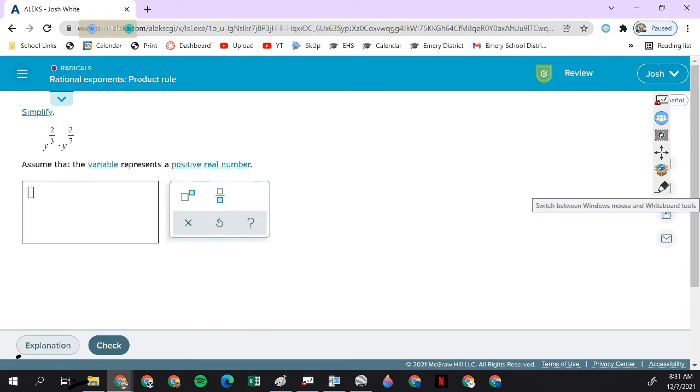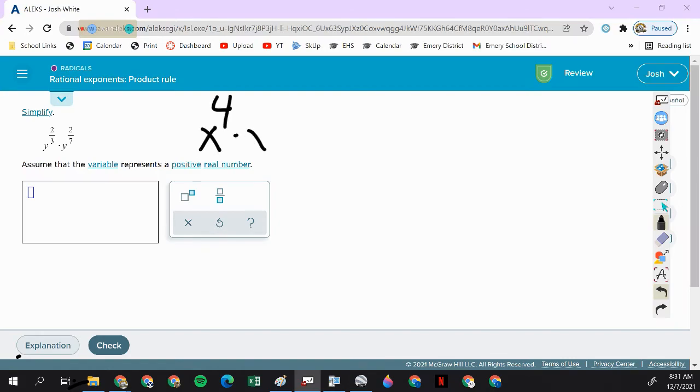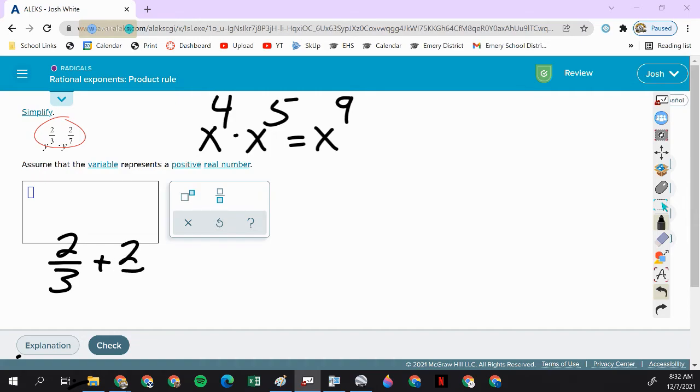All right. If I had x to the 4th times x to the 5th, what would I do with those exponents? Add them together. When you're multiplying bases, you add the exponents if the bases have the same value. So that would be x to the 9th. So here, y to the 2/3 times y to the 2/7, we're just going to add 2/3 plus 2/7.